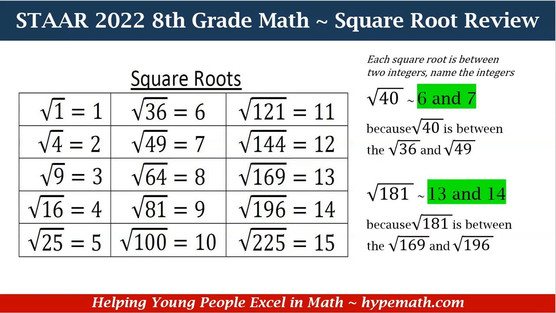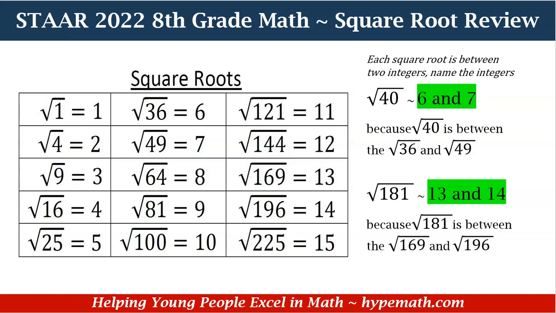All right, let's take a look. So for the square root of 40, our two integers are 6 and 7, because the square root of 40 is in between the square roots of 36 and 49. And then for the square root of 181, the two integers that square root is in between are 13 and 14, because the square root of 181 is in between the square root of 169 and 196.